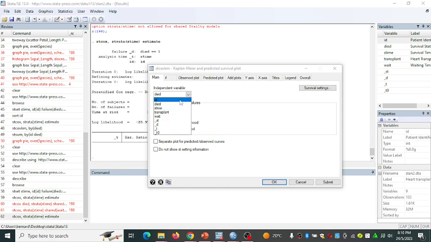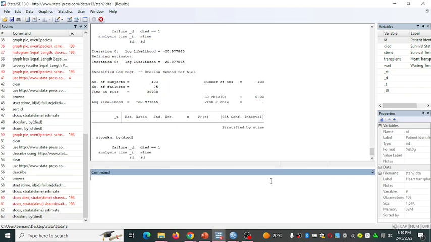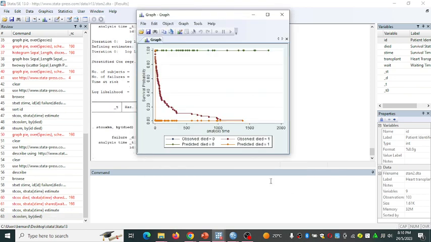For example, you may tend to estimate Kaplan-Meier for death, for those who died, where we expect the value to be included in our model to be 1. You can click on okay, let's see. Yes, that is it. So this is the Kaplan-Meier curve.